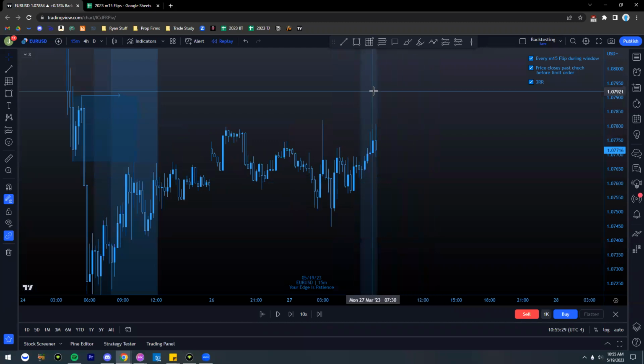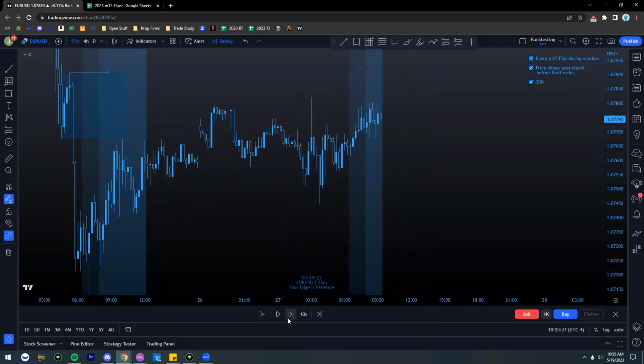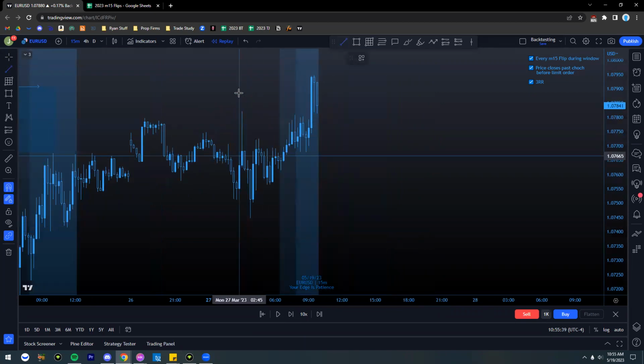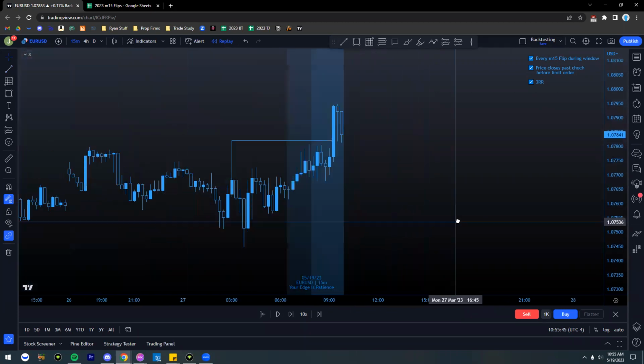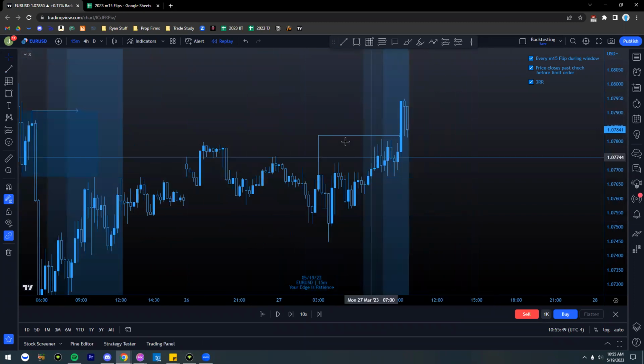No, he's probably right. It probably wasn't a flip zone. All right, so this is break of structure. And this is the low that caused it.